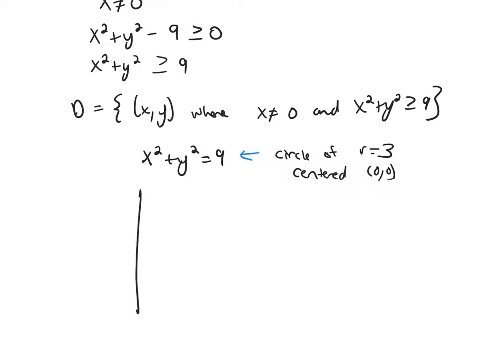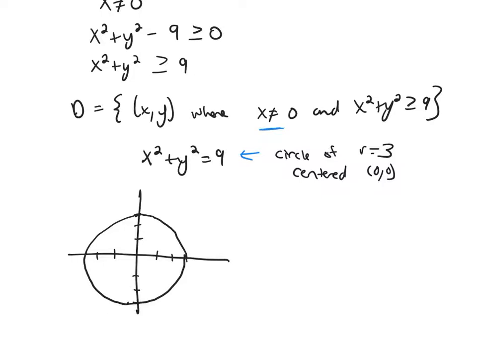So I can actually draw a picture representing the domain here. I have a circle of radius 3. Let's see if I can draw a decent circle here for you. Okay, so it's all the points that are either on the circle or outside, but remember I also had this condition that x couldn't be 0.